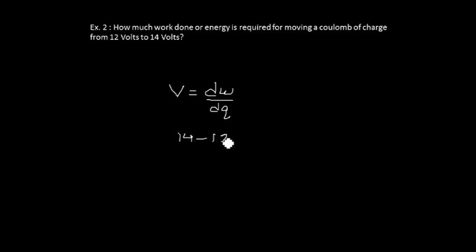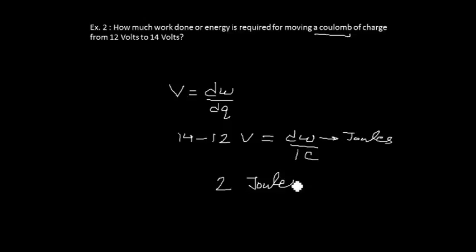We need to raise the voltage by 2 volts. How much work done will be required in joules? This will be in joules upon the charge, which is given as 1 coulomb. Here it is written that a coulomb of charge, that's why we can take 1 coulomb. So here 2 joules is the simple answer to this question.